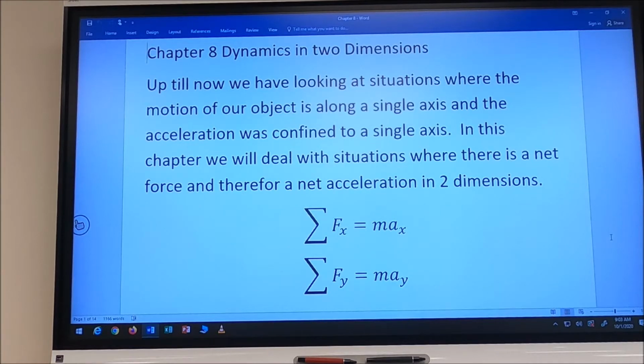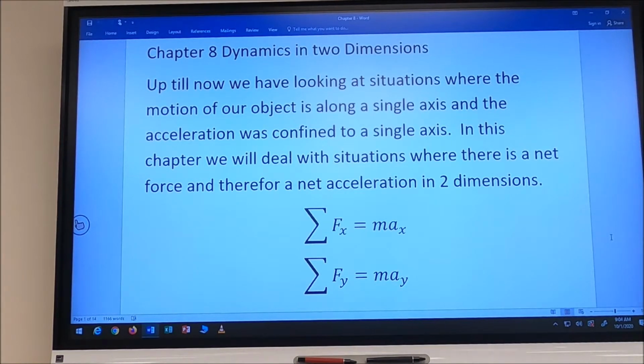Up until this point, we've really been looking at motion along a single axis, or motion in a plane where we only had acceleration along an axis. We could have motion in 2 directions but acceleration in only 1 direction. Now we're going to look at the situation where we have acceleration in 2 dimensions.